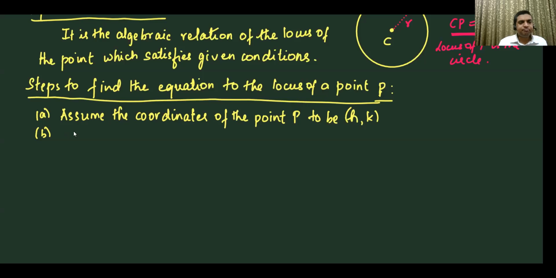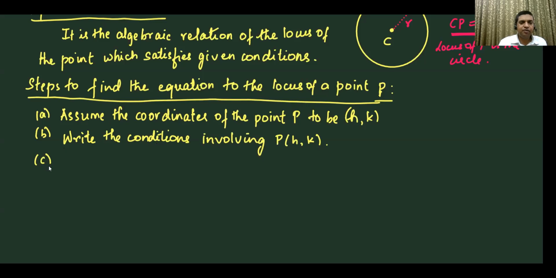Now write the conditions involving P, h comma k. Whatever the conditions are given, we'll do examples, you'll see. So first step is to assume the point to be h comma k, write the conditions.